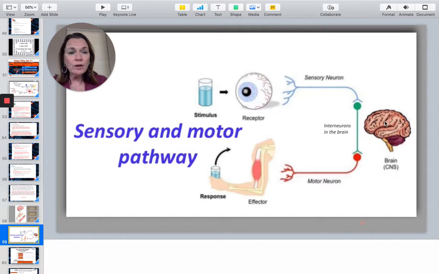The brain is going to decode that message, decide what it is and what response to make. It's going to hand off the message from the interneurons to the motor neurons that are going to go to the muscle in your arm and hand to pick up that water for a drink.